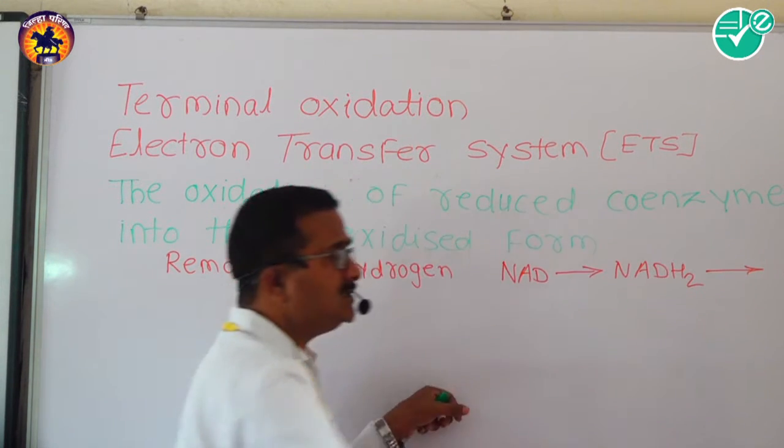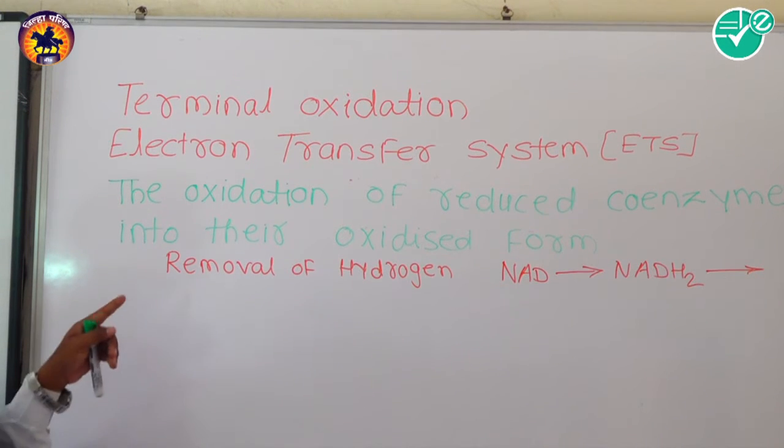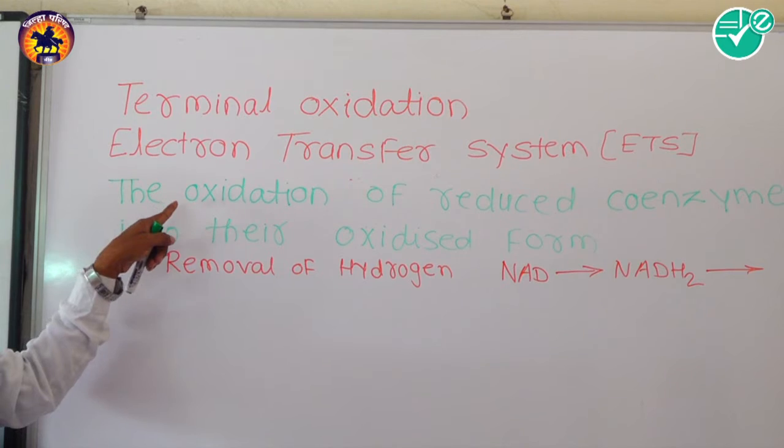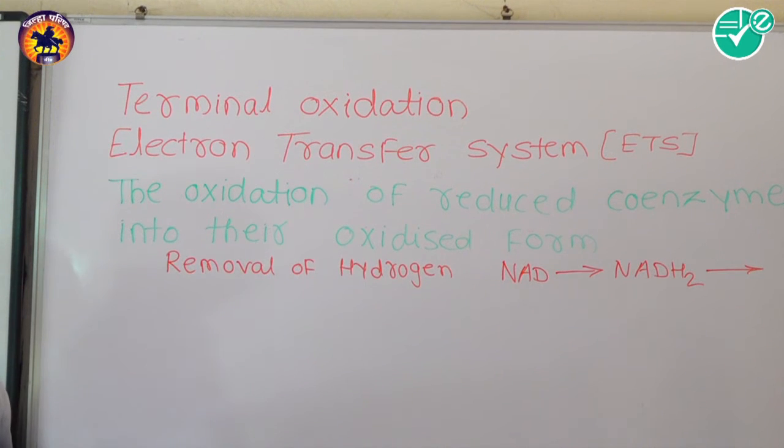Regeneration or synthesis of the NAD by removing the hydrogen from these coenzymes, or sometimes FAD, is called the oxidation. And so to regenerate the coenzymes again is called the terminal oxidation.